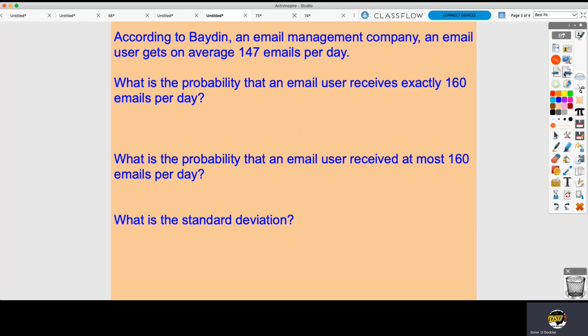All right, next one. Now this is where we would actually use our Poisson distribution. According to Baden, an email management company, an email user gets on average 147 emails per day. From there, we can just answer different questions based on that. And this one is in your calculator.